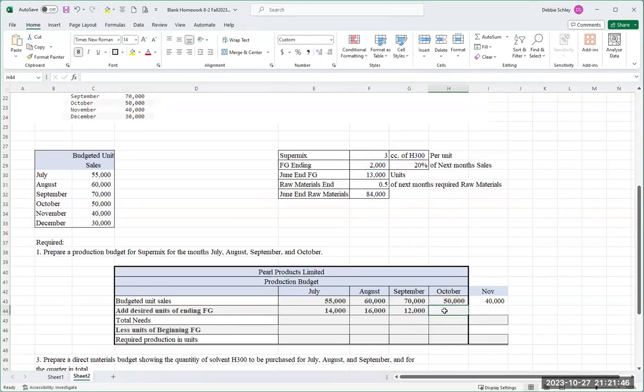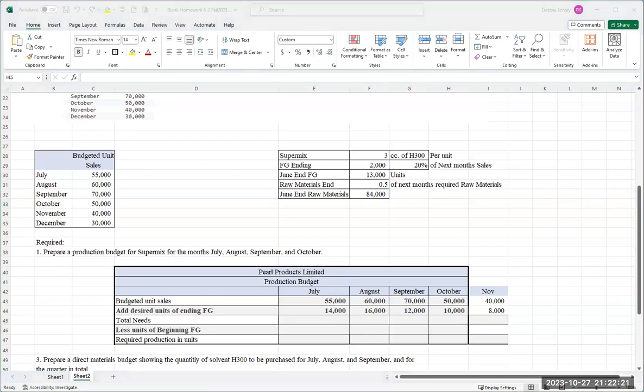And again equals 2,000 plus parentheses next month's sales times 20%. And then for November equals 2,000 plus parentheses December sales times 20%. Okay.